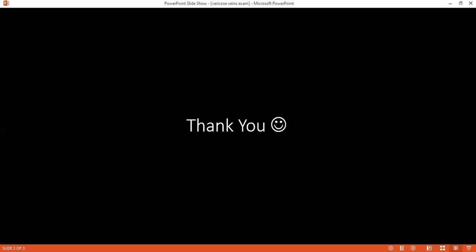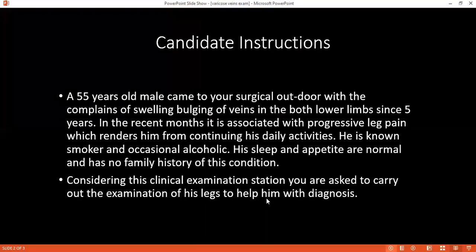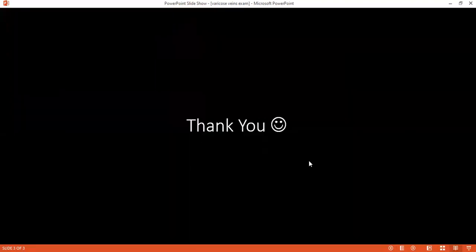You should know what the positive findings in your examination should be if the patient has primary varicose disease, and what the findings should be if the patient has secondary varicose disease. And then you must look in the history. In this case, the patient was alcoholic and a smoker, so it cannot be primary. When is it primary and when is it secondary? So you have to know the causes as well.